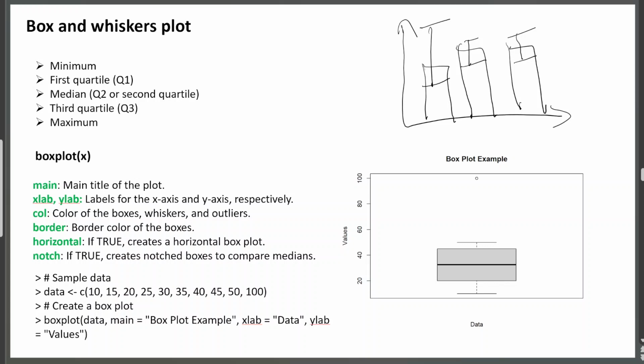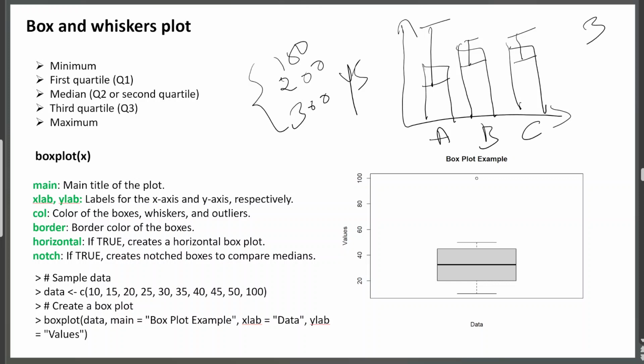Bar charts are sensitive to extreme values because we are taking an average and representing the yield strength. Suppose this is yield strength, and this is alloy A, B, C. When you do a tensile test and repeat for three specimens, and one has 180 MPa yield strength, the other 200 MPa, and the other 300 MPa, the result will be significantly influenced by the extreme values 300 and 180.